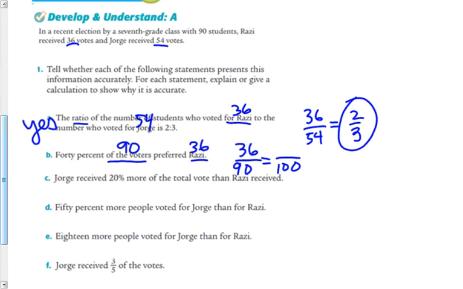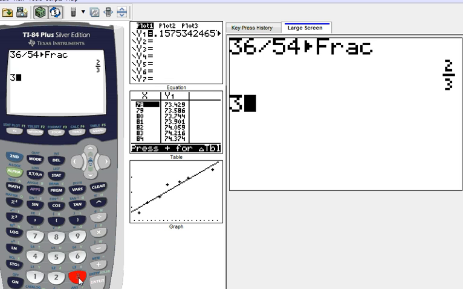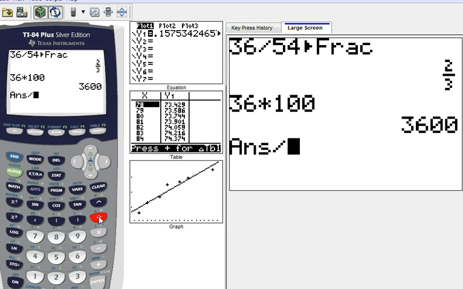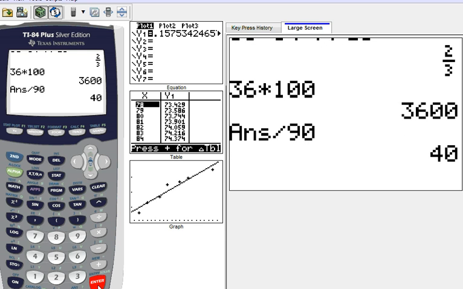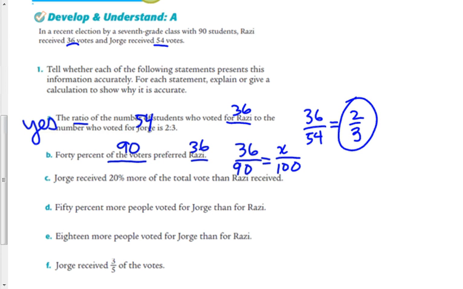So that's this proportion, and we're going to do 36 times 100 divided by 90. And we can see that that is 40. So x equals 40, which is out of 100, so that's a percent. So yeah, that's a correct way to look at that.